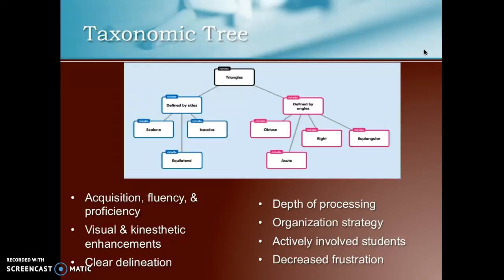Tools such as Poplet allow teachers and students to create taxonomic trees and share them easily, which gets students actively involved in their learning. Taxonomic trees are easy to create. They delineate the information clearly, and they help students create a depth of processing vocabulary through a unique and easy organization strategy, which decreases frustration.